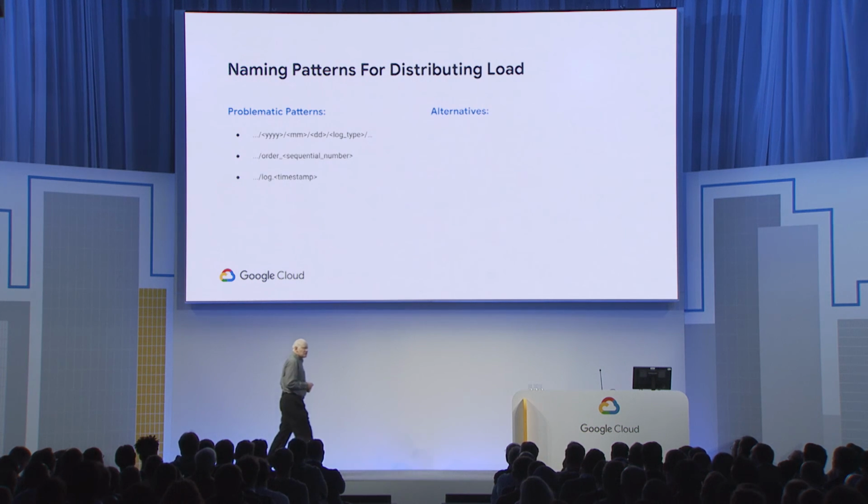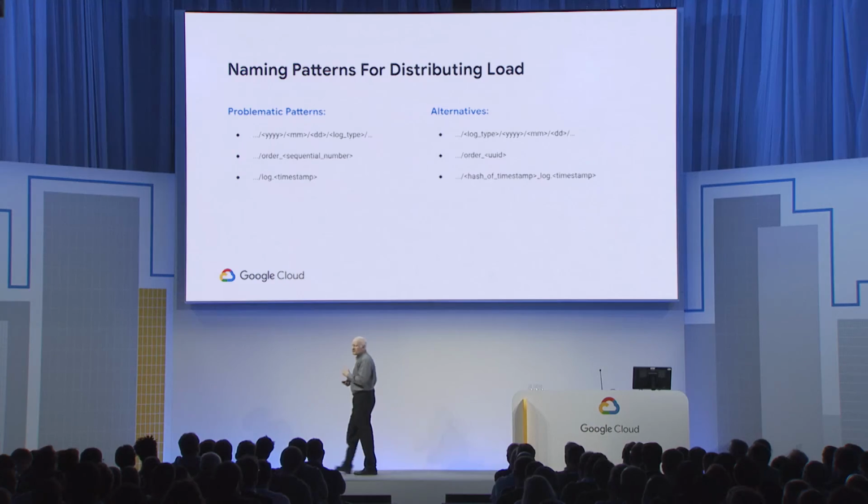So how do these sequential things show up? Well, they come up all the time. You might be naming your objects based on the month, day, and year, or year, day, and month that it was created. It may just be an alphabetical order or sequential order, or it may just be timestamps. There are lots of things that you can do to manage your namespace.